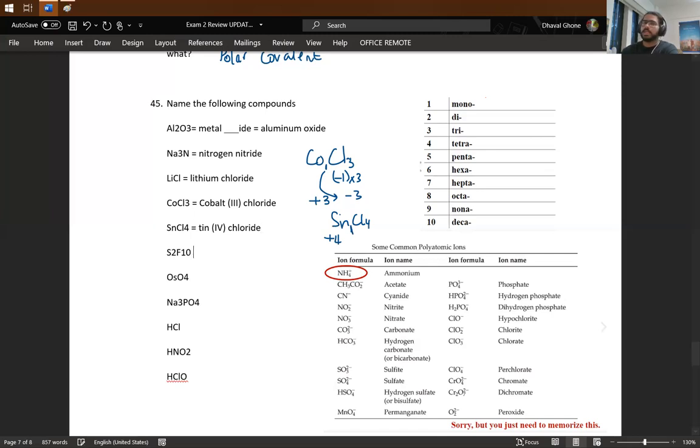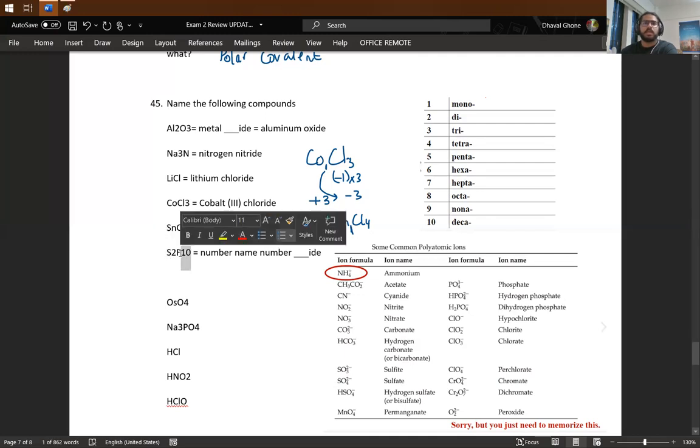In this one, if you see, it is a non-metal and a non-metal. And the name format changes here. The name format would be number, name, number, name, ide. What I mean is, you mention the number for the first element, you write the name of the first element, you mention the number for the second element, you write the name for the second element as an ide.